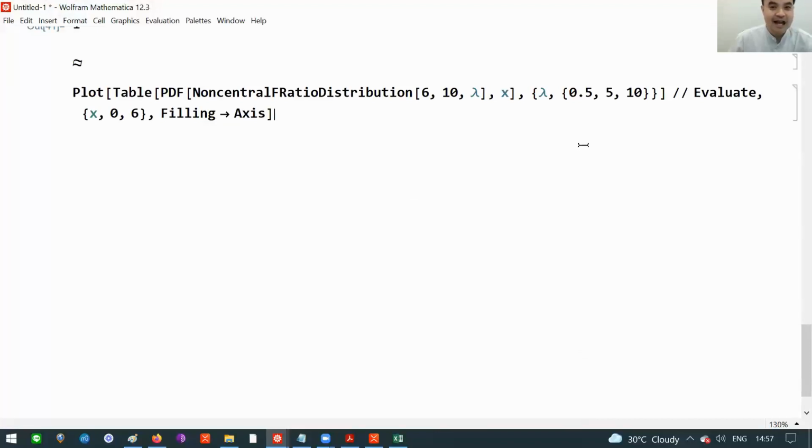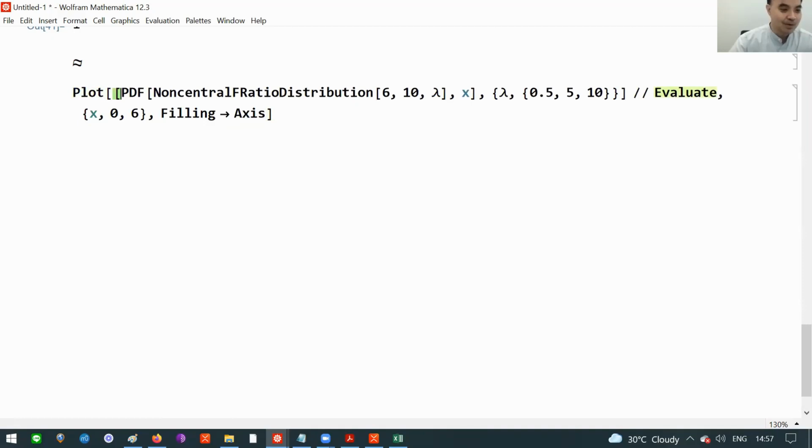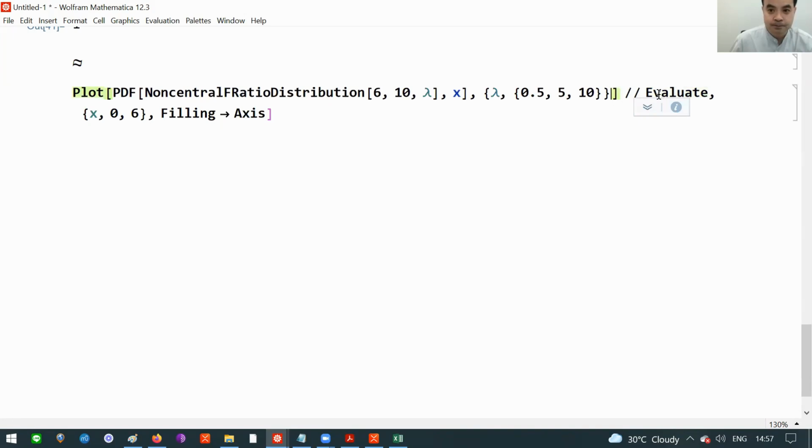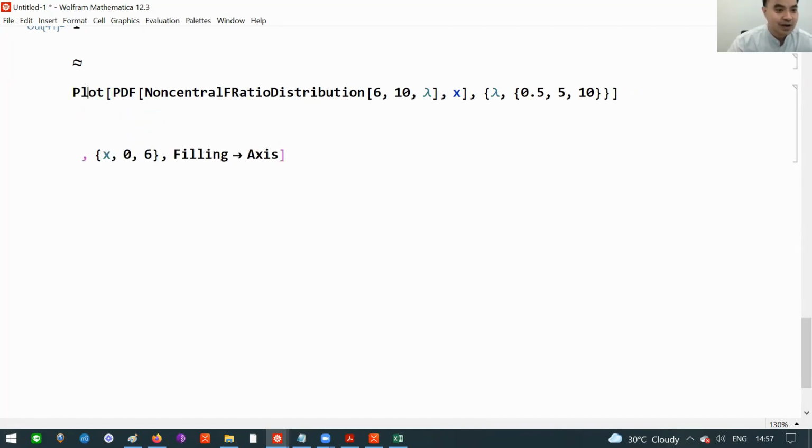Now, in this case, it's plotting a table of values. I don't want to plot a table of values. I just want an individual value. So instead of making a table, I take this out, and take this out. So I want to plot this.